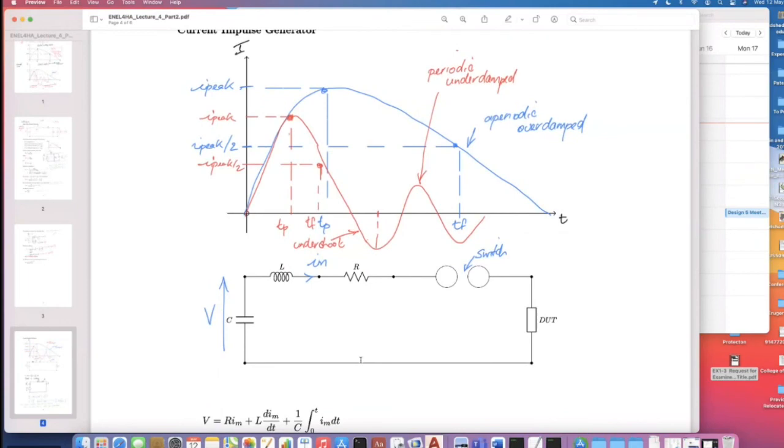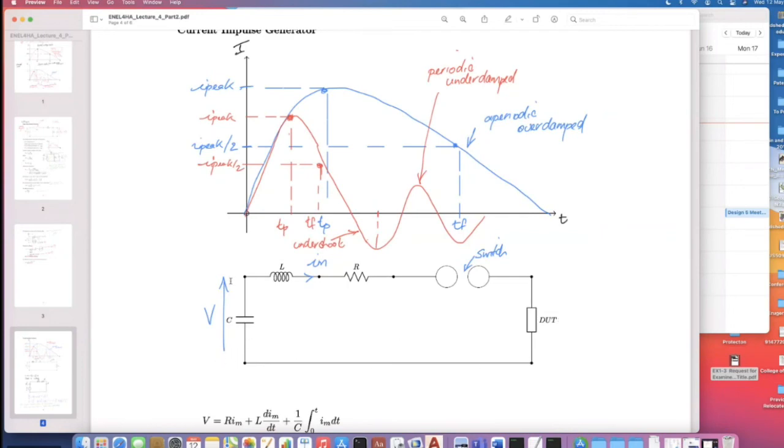So the current impulse generators, they look slightly different. With a current impulse generator, we want to push current through our device under test. So that could be a surge arrestor, it could be a cable, it could be something where we need to show that it can withstand a high current.